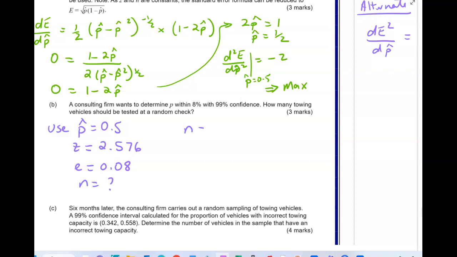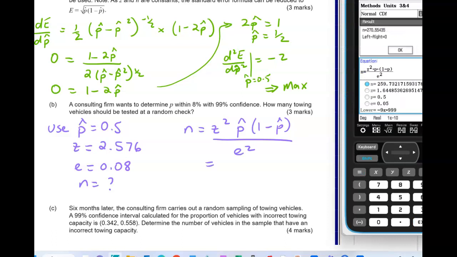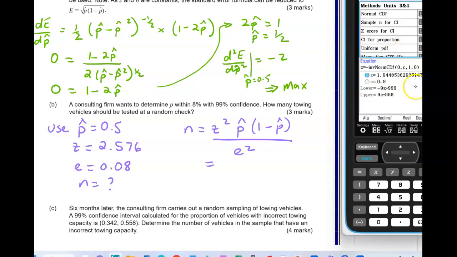So you can see this is a WACE question, so they've thought about it a little bit better, because when we stick these numbers in, using the E activity, I'll go back to the Z score for CI. I'll try and get that exact confidence level 0.99 this time.